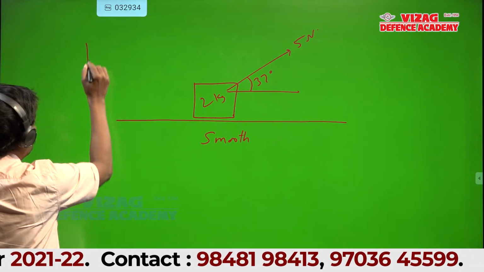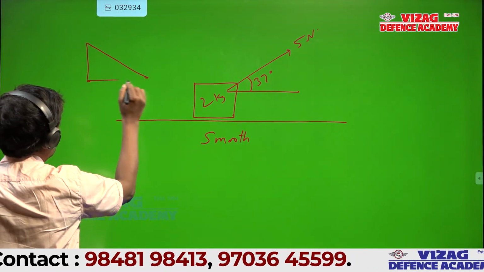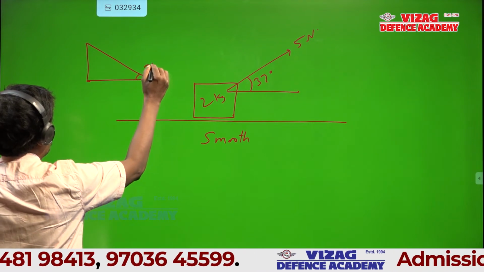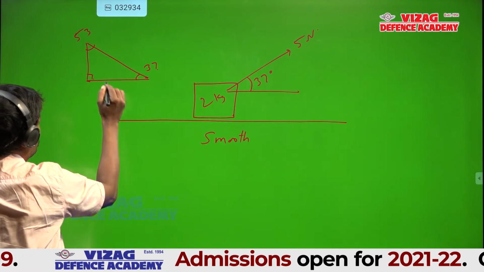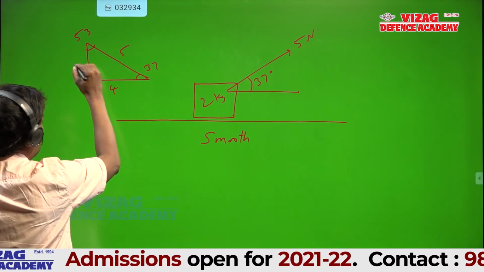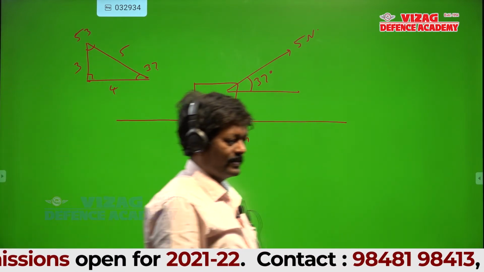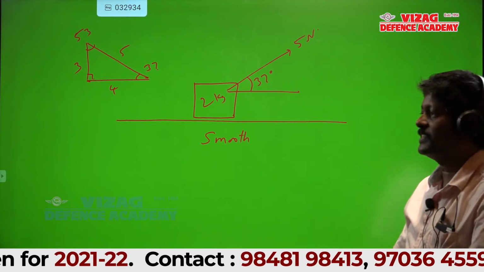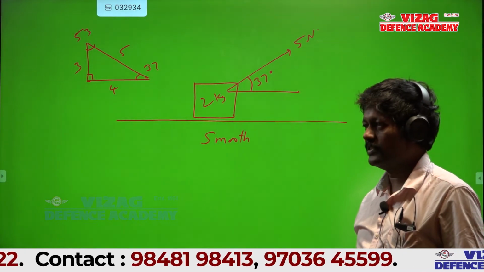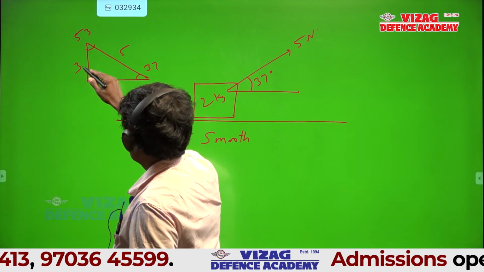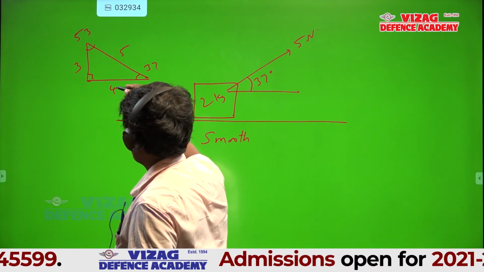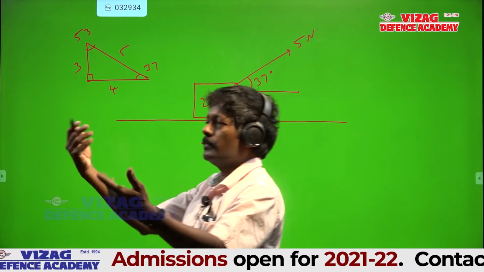This triangle will be very useful for you. 37, 53, 90, with sides 4, 5, 3. Why should we take only 3, 4, 5? That is the standard. For 37, 53 and 90, if you draw 3 centimeter, this will be 4 centimeter, this will be 5 centimeter automatically.